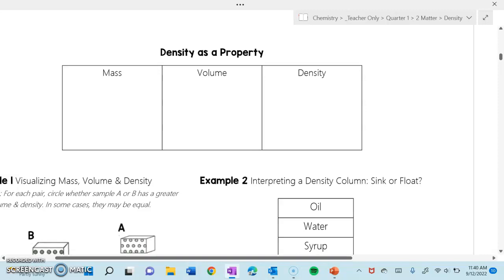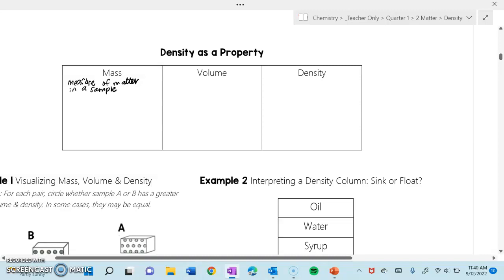And we've talked about both of these before, that mass is a measure of kind of how much stuff is in a sample, or, we've said, the matter. Another word for matter is, casually, stuff. So the measure of matter in a sample is the mass.